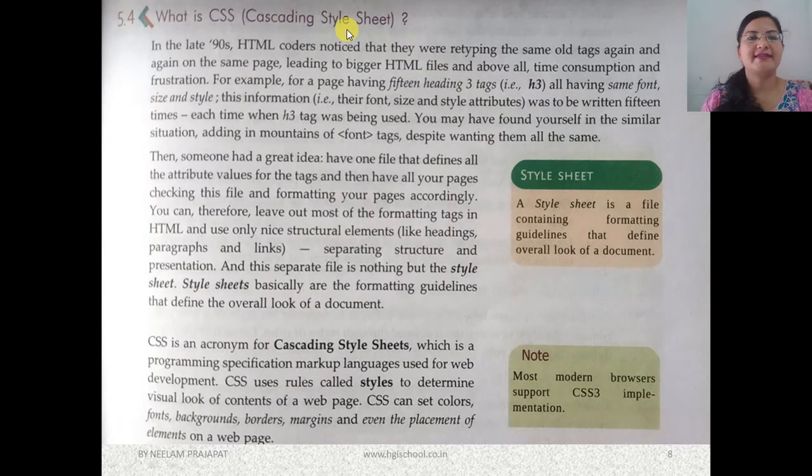Now what is CSS? Cascading Style Sheet. In the late 90s, HTML coders noticed that they were retyping the same old tags again and again on the same page, leading to bigger HTML files and above all time consumption and frustration.